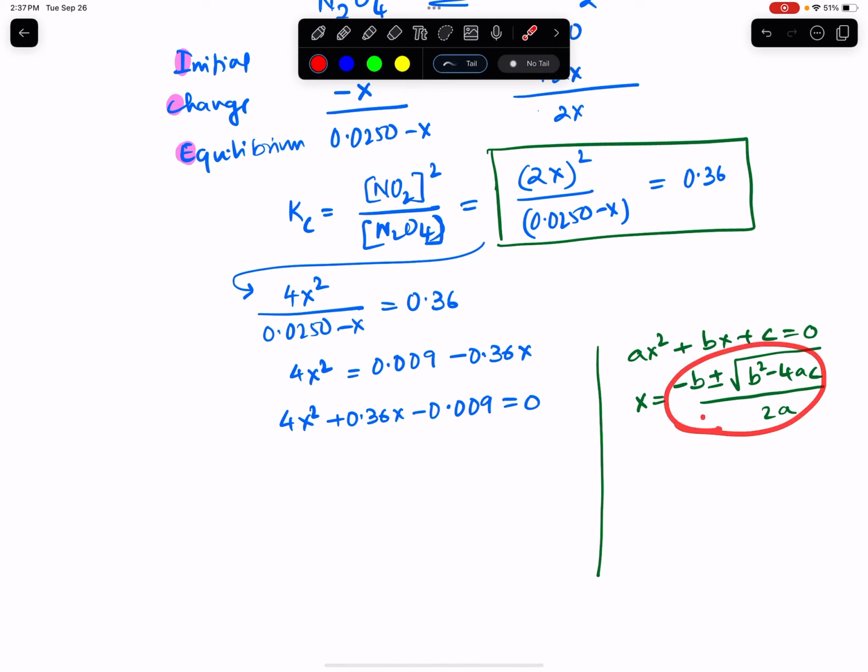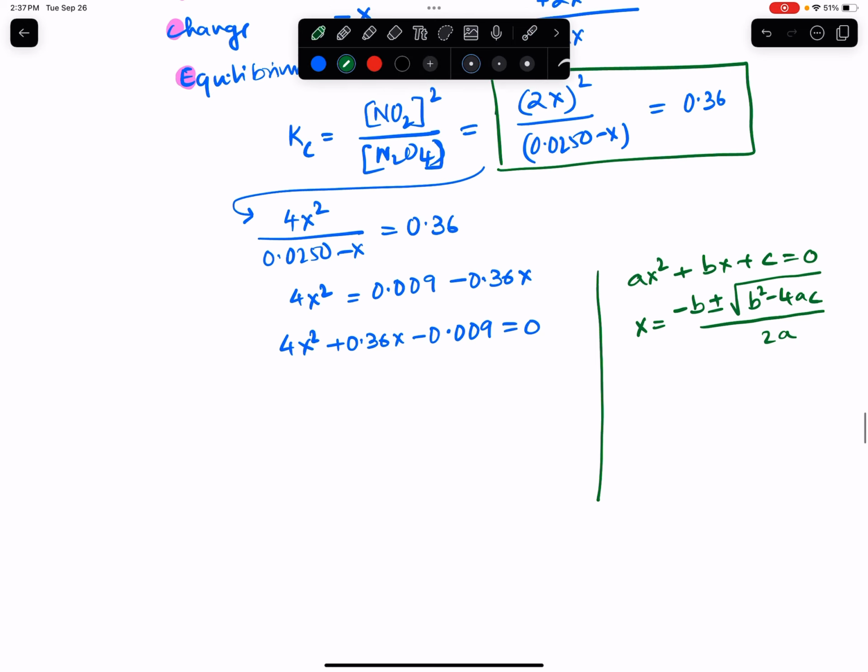You need to know this formula for solving a quadratic. And we're going to plug values into it. So before we plug it in, we need to figure out what's the a, what's the b, and what's the c. So a is equal to 4, b is equal to 0.36, and c is equal to negative 0.009. So now we know what they are.